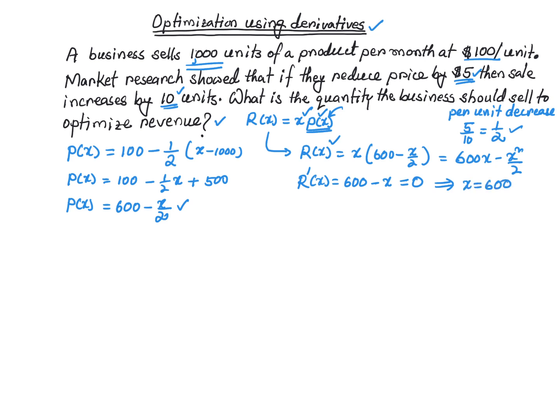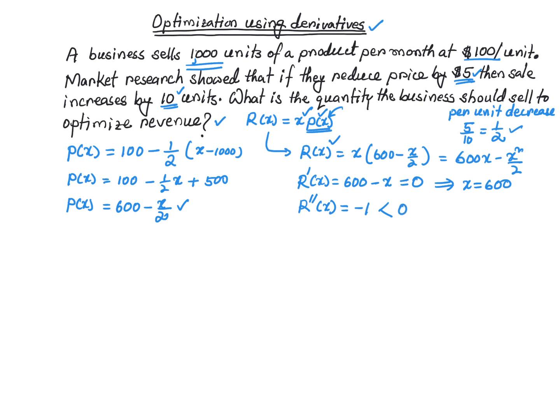Now this 600, is it a local max or local min? We need to figure that out. X is equal to 600. We can find that out by taking the double prime of R. That means taking the second derivative of R, which is going to be just -1. So that means R double prime is less than 0.